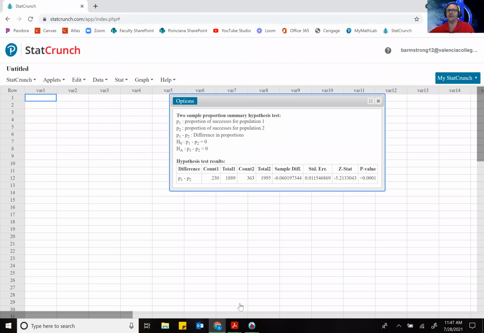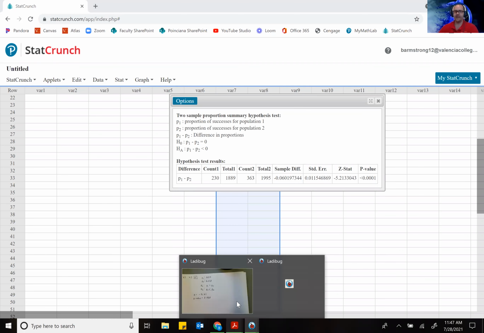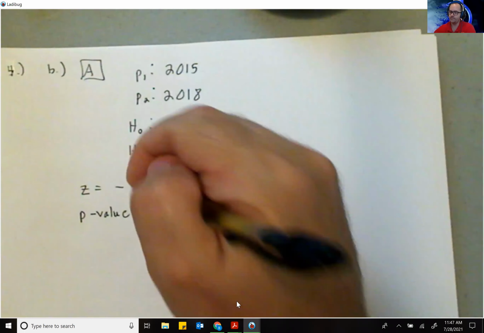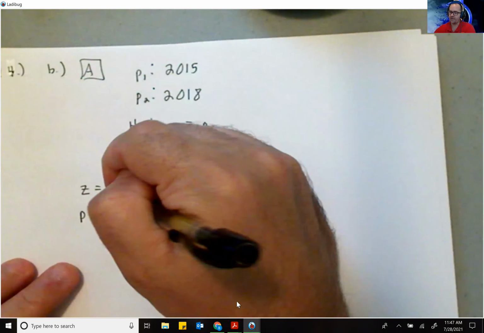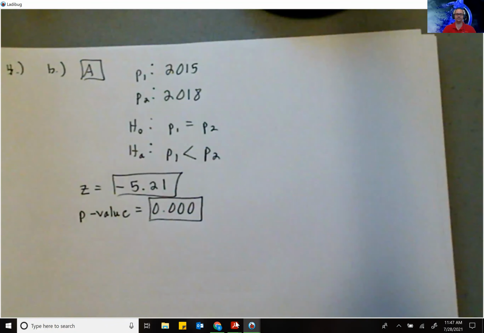Or if you said negative, I didn't hear it. It's all right, no worries. And then what is the p-value? 0.000. And they want all those zeros. Okay. So we got our z-score, negative 5.21. We got our p-value. And then now we're on to the interpretation.